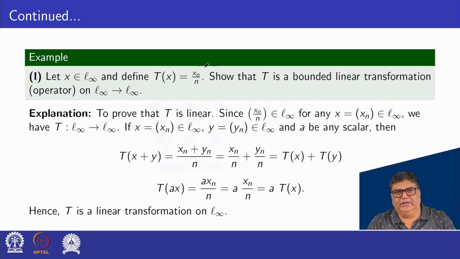As per the statement, we can write this as Tx plus Ty. With scalar multiplication, T of ax is equal to a xn upon n, that is a into xn upon n, which can be written as a Tx. Hence, T is a linear transformation on L infinity.